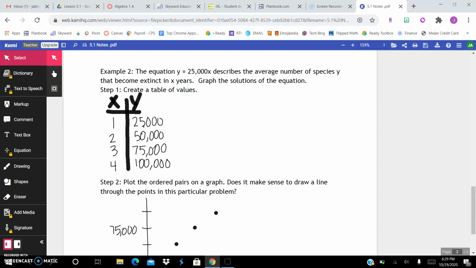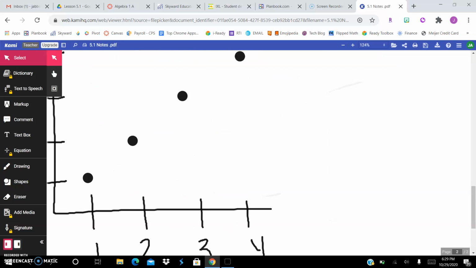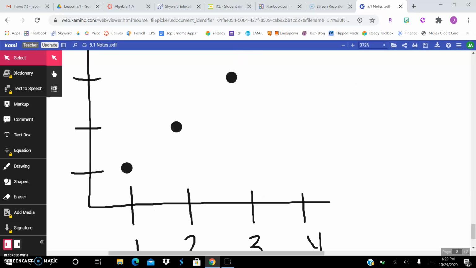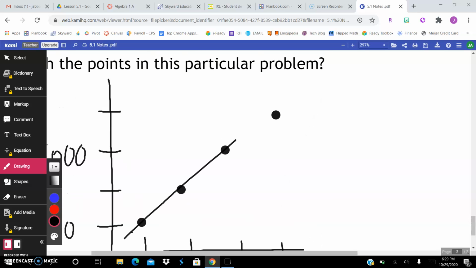They become extinct all throughout the year, no matter how long it's been. So yes, it would make sense to include all of these x values between the whole numbers. So with that being said, I'm going to connect these dots and have my straight line. And we could predict how many species would become extinct in 5, 10, 15 years using this data.